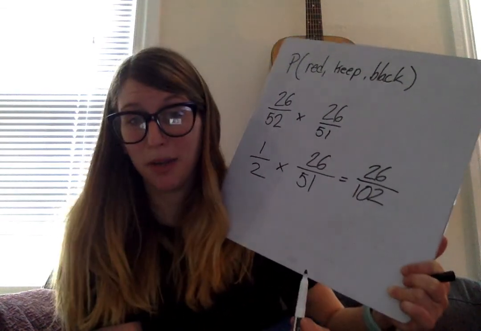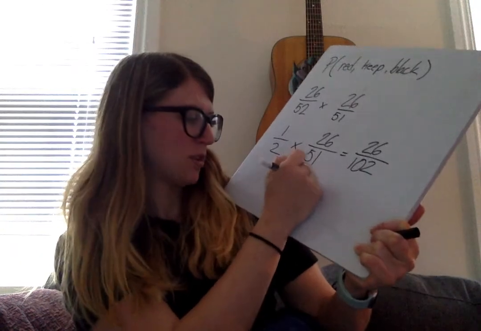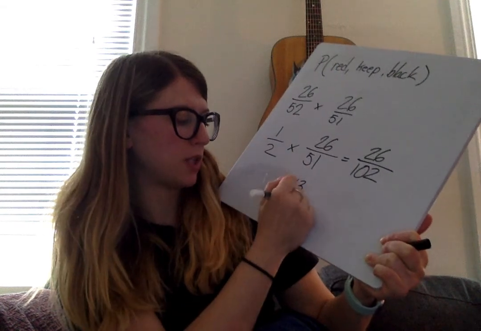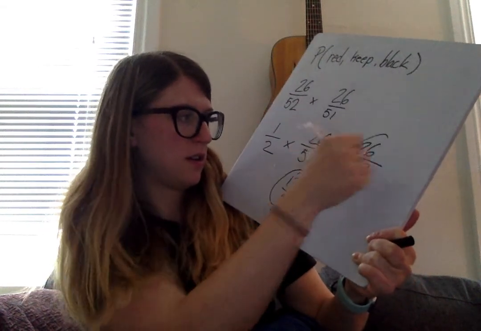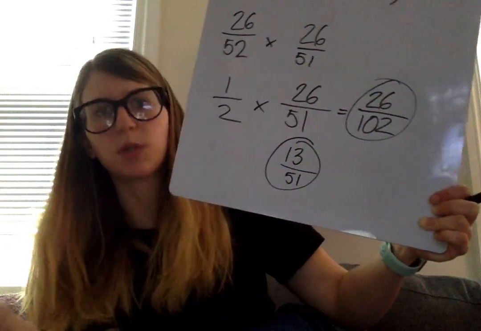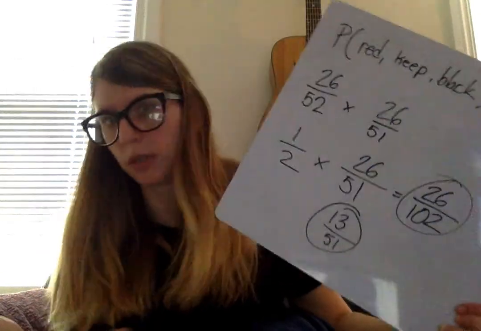They're both even numbers, so I'm going to divide by 2 because I know I can do that. 26 divided by 2 is 13, and 102 divided by 2 is 51. This is the most simplified version, but these are both good answers, and even if you multiplied everything out and got an answer, that's okay with me too. All right, cool. So that's when just the denominator is affected. Now I'm going to show you what happens when both the denominator and the numerator are affected.